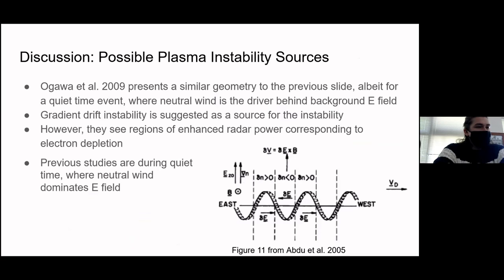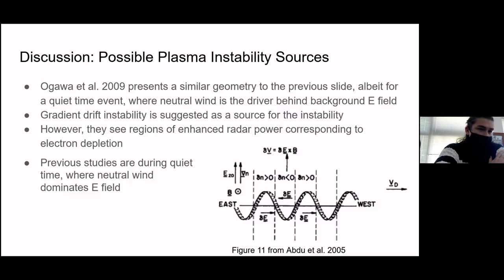But the idea is that the gradient drift instability is suggested as the source for these plasma irregularities, basically irregularities in the plasma density on the range of half of the wavelength of the radar. And it needs to be orthogonal to the radar's ray path, and the B field must be orthogonal for this to happen as well.